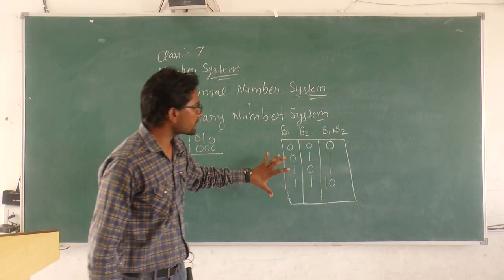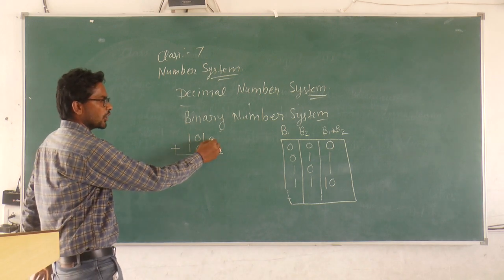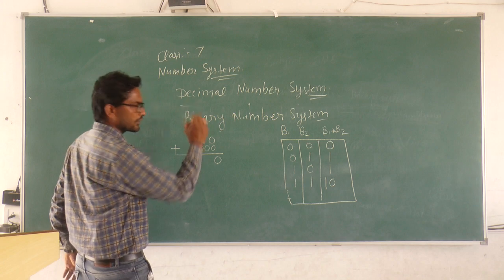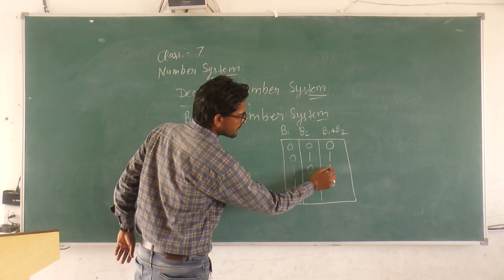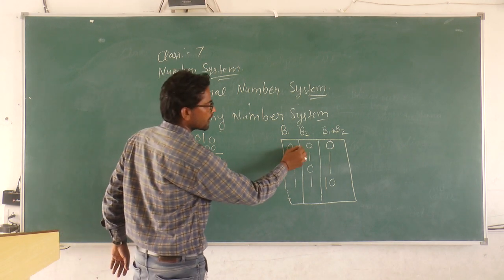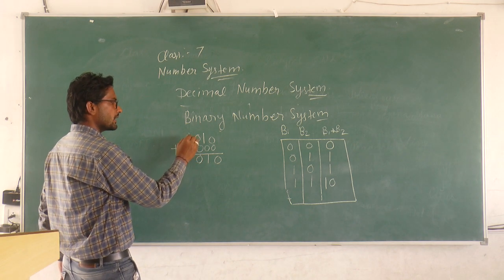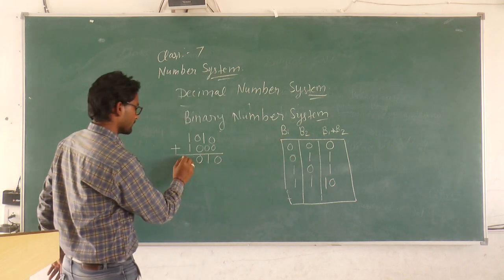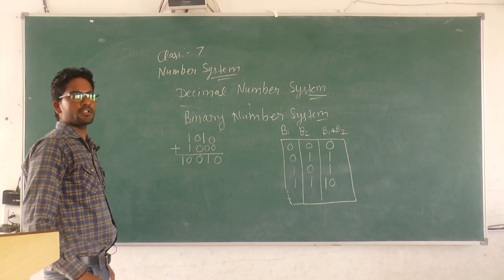Now according to this truth table, we will add this number. 0 plus 0, what is the answer? That is 0. 1 plus 0 means 1. 0 plus 0 is 0. And 1 plus 1 is 1, 0. 1 we will write here and 0 we will write downside of the 1, 1.